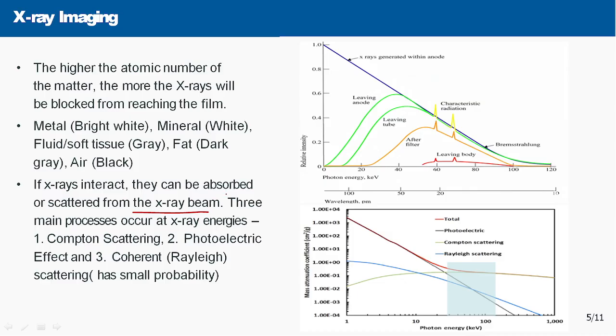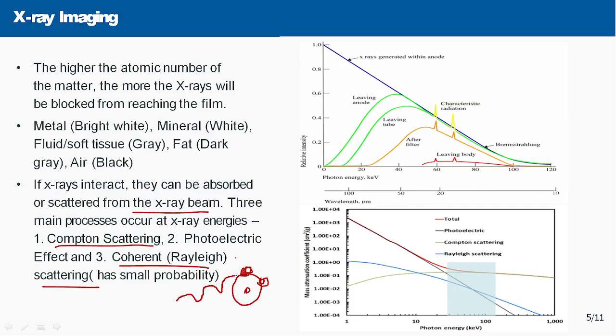They are either scattered or absorbed. Here we have Compton scattering, and another one is coherent scattering, or Thomson scattering. Scattering means, let's say this is the nucleus and these are the electrons revolving around it.